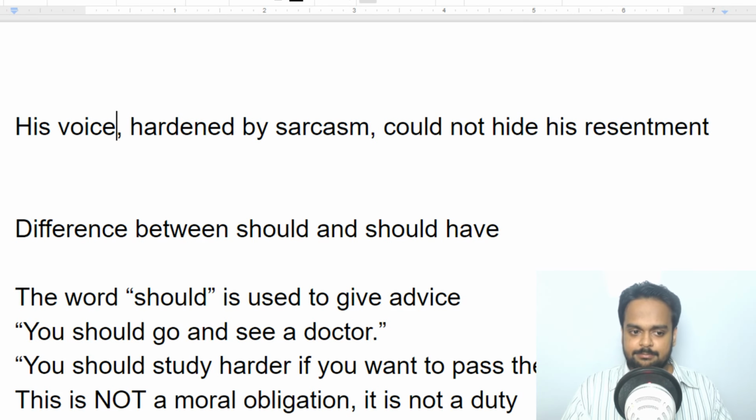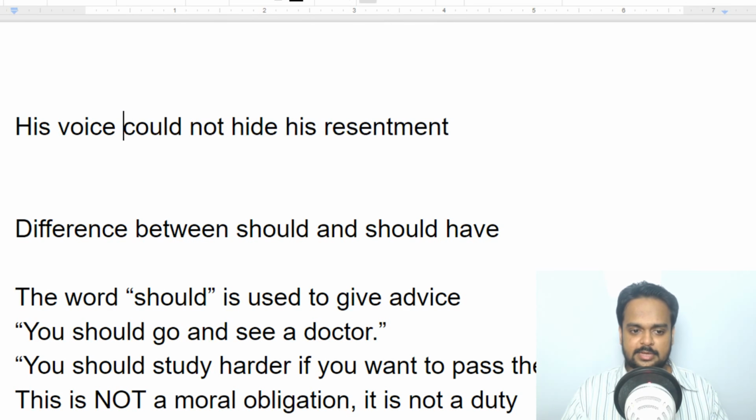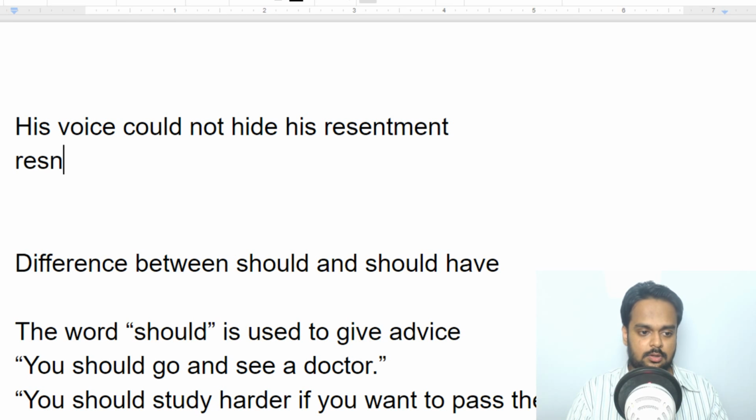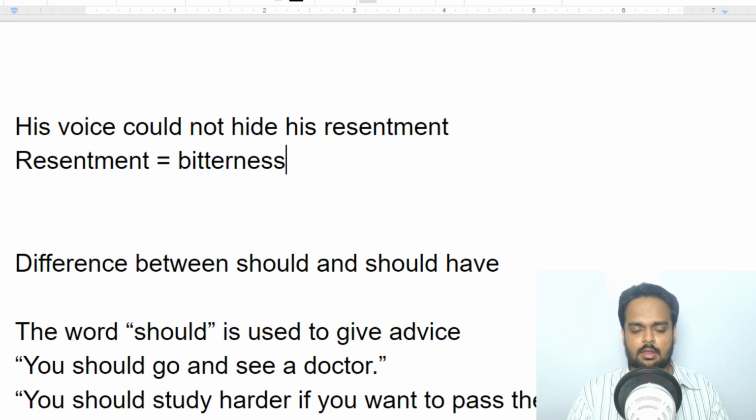Now, basically, the basic form of this sentence is this. His voice could not hide his resentment. What does the word resentment mean? Resentment means bitterness, especially bitterness about the past.